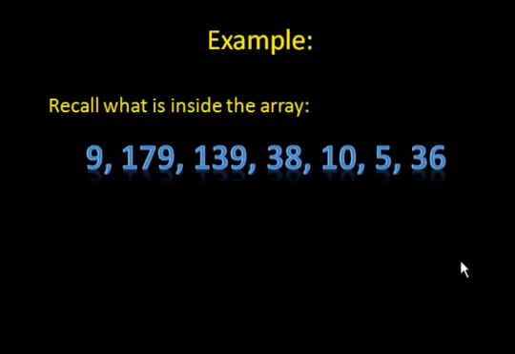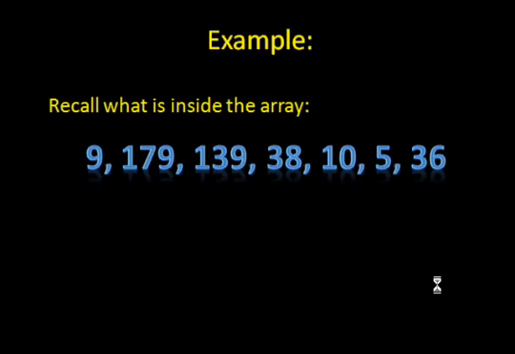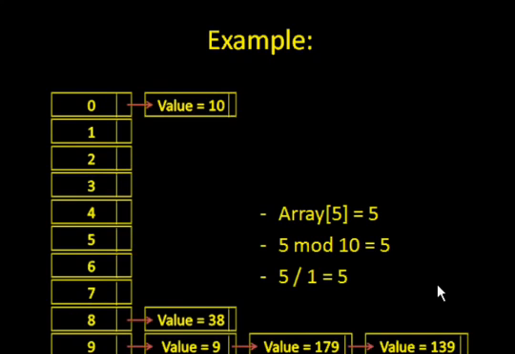Now 10 mod 10 will be 0, because the remainder would be 0. 0 divided by 1 will be 0, so we have to put it in the zeros list. 5. Now 5 mod 10 will be 5, and 5 divided by 1 will be 5, so we have to put it in the 5s list.